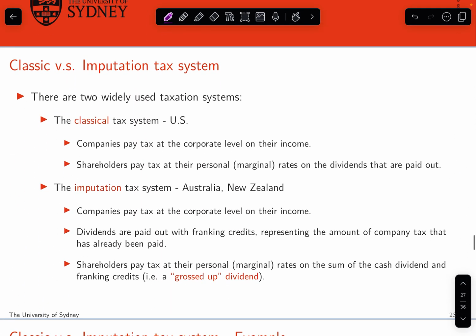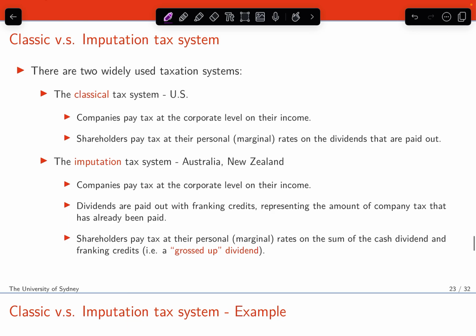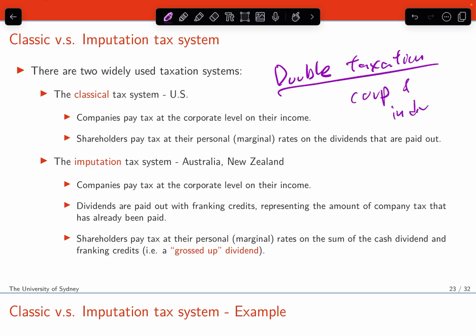It is very rare. So it is the idea that dividends are paid out from the company's earnings. Now, companies already pay taxes on the earnings, so individuals should not need to pay taxes again on the company's earnings. So this is the idea of removing double taxation on the corporate level and in the individual level.